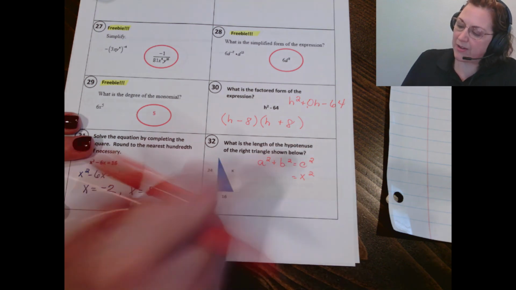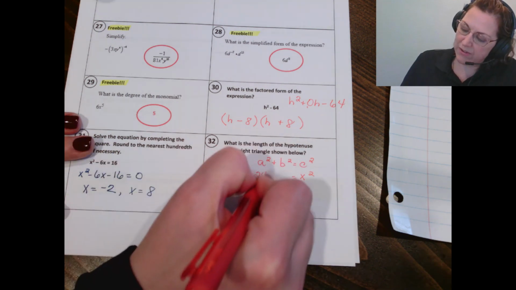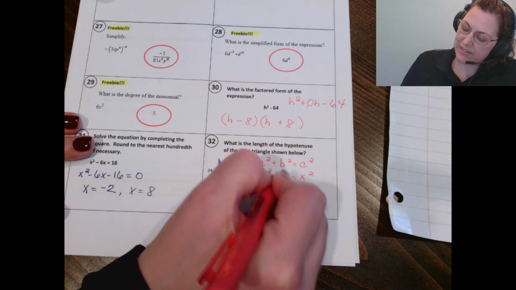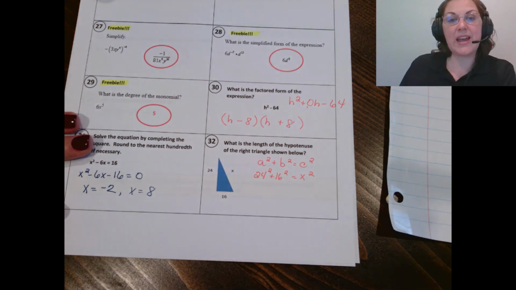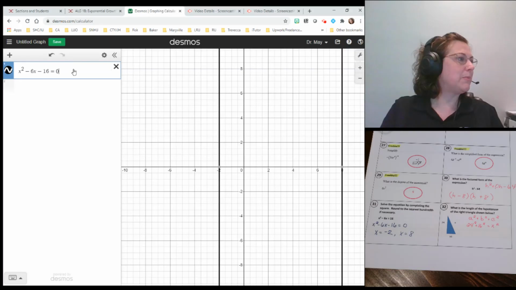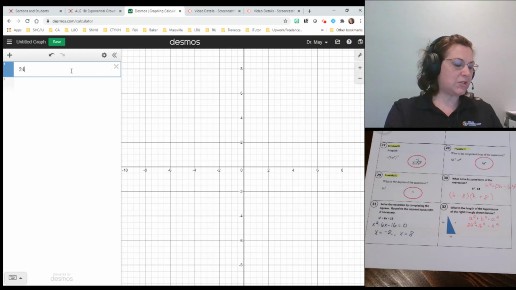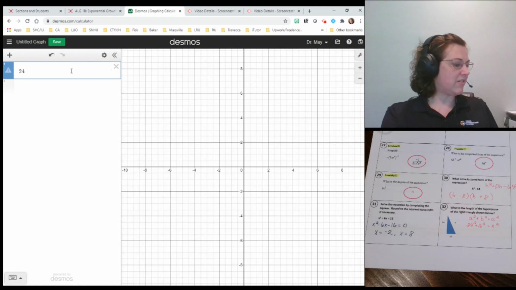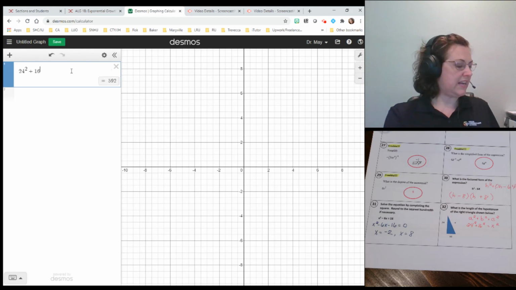Then I'm going to put the other values in here. 24, 16. Okay, now use your calculator to calculate these values. If you want to use Desmos, we could definitely do that. I'm going to do 24 caret 2 plus 16 caret 2.